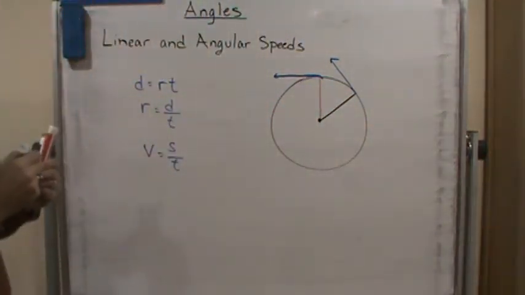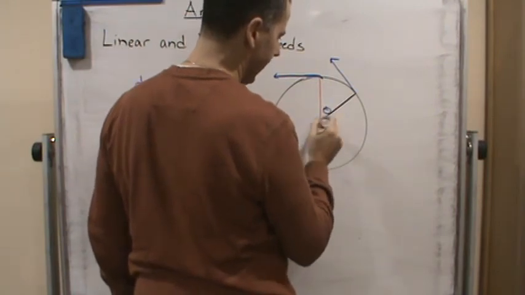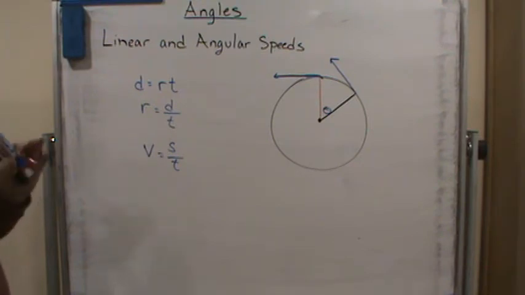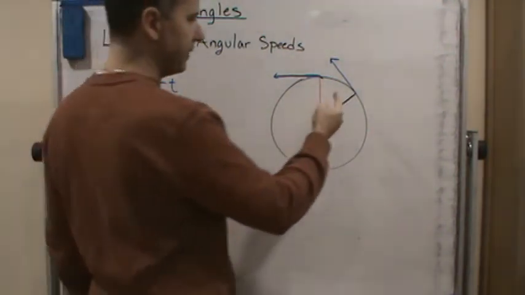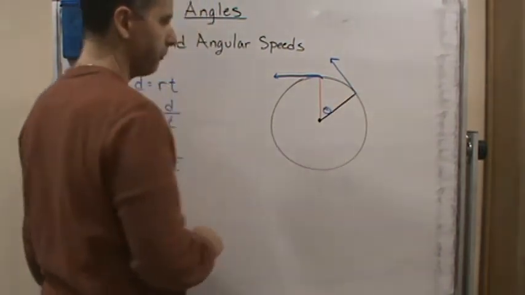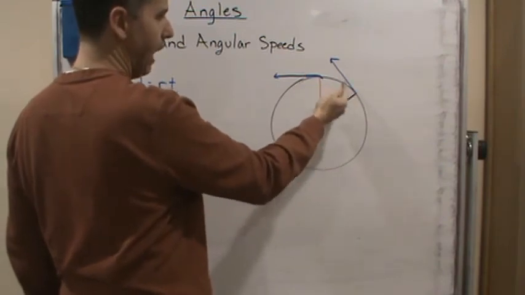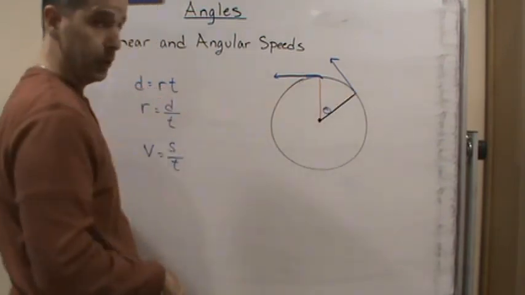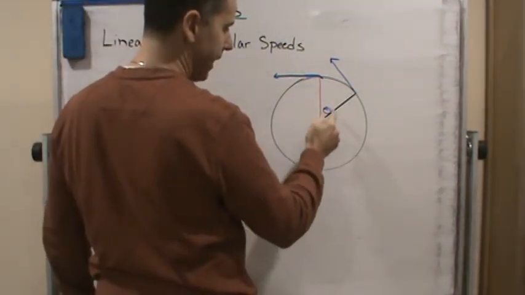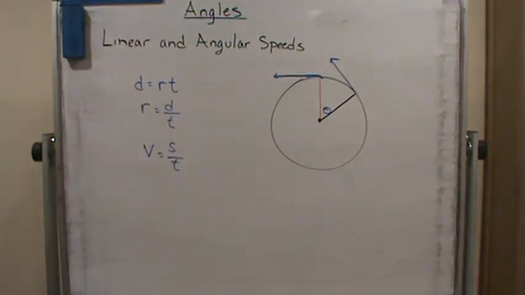So now what happened is going from here to here, I've covered a certain angle. So now that's angular speed. That's different than linear speed. Linear speed is about the arc length, how fast you're covering the arc length per unit time. For angular speed, it's how fast the angle is changing per unit of time.